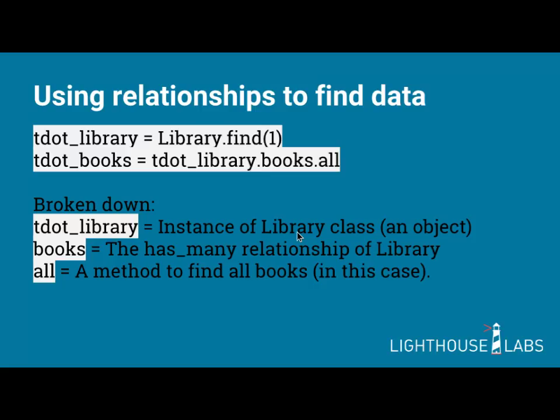We have all the books established by this has many relationship. So when we make that all call on top of it, it says, give me every single book that has library ID equal to whatever the library's ID is. Give me everything that matches.